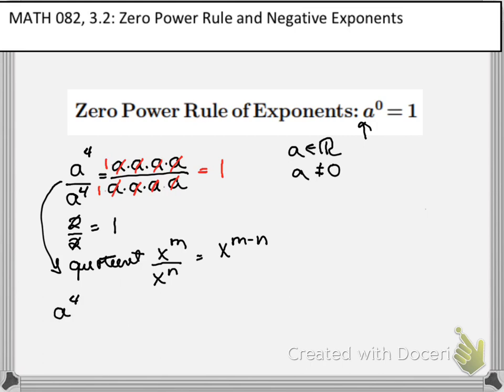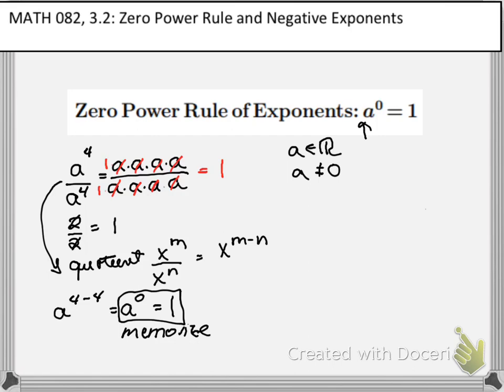I would have a to the fourth power minus 4. Well, what's 4 minus 4? 4 minus 4 is 0. So I have just proved to myself that a to the 0 power is equal to 1. Okay, so you need to commit that to memory.